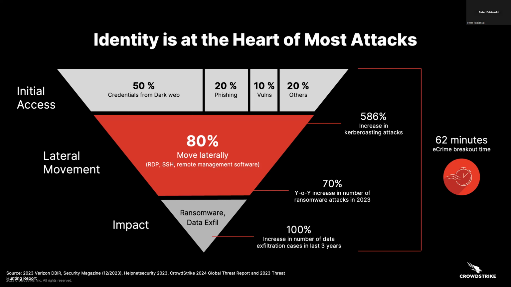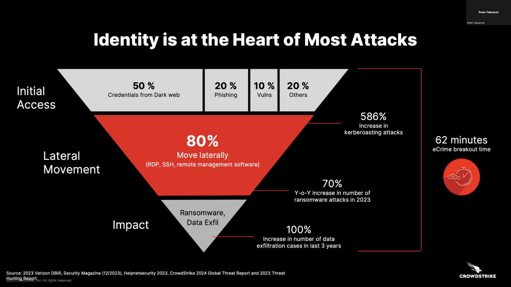This is where we can see those actors using those stolen credentials to move around in your environment undetected. And this can be a really difficult phase to detect because these actors tend to move fast.